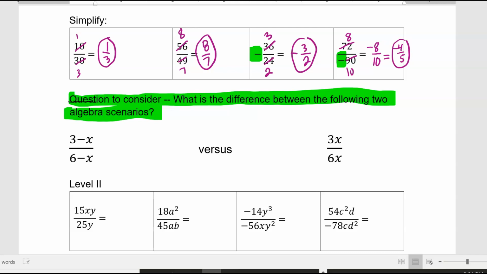Well, hopefully you've learned so far that in a situation like this, we cannot cancel anything out. We cannot cancel common terms out. But over here to the right, however, we can cancel out these x's, and we have 3/6, which reduces to 1/2. So we can't cancel terms, but over here we can cancel common factors.